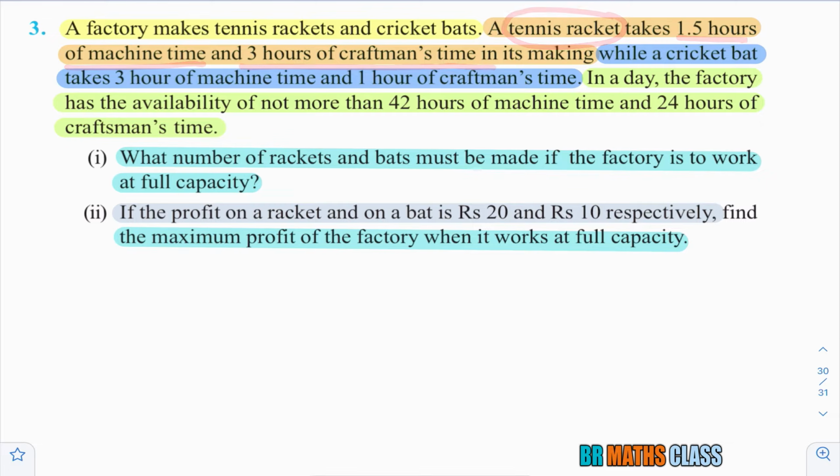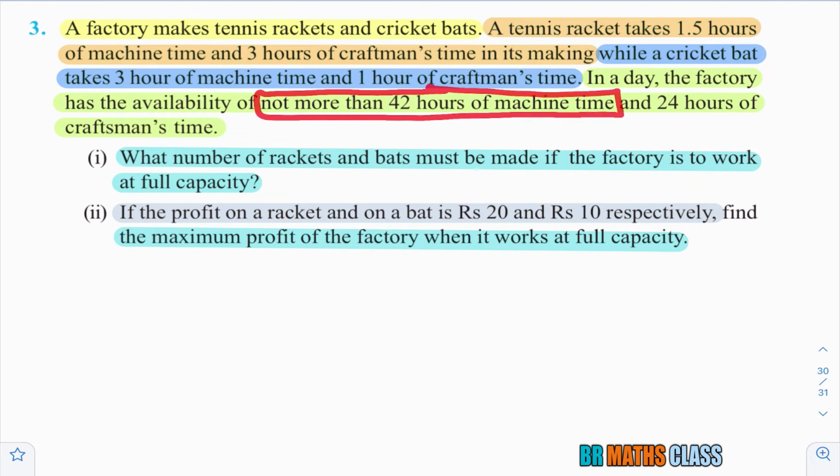And to make a cricket bat, it takes 3 hours of machine time and 1 hour of craftsman's time. In a day, this is important, the factory has the availability of not more than 42 hours of machine time.